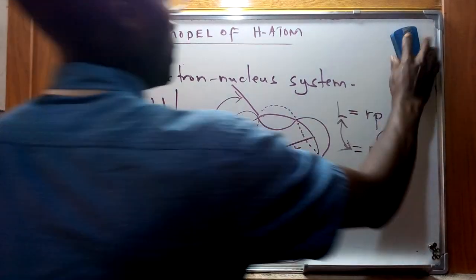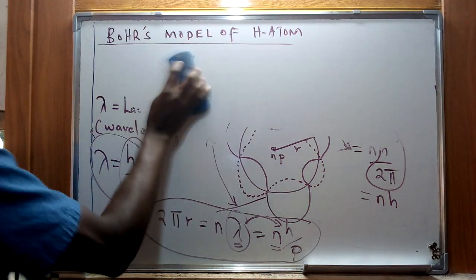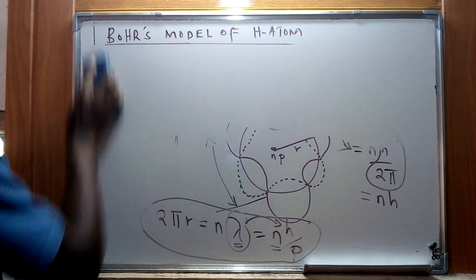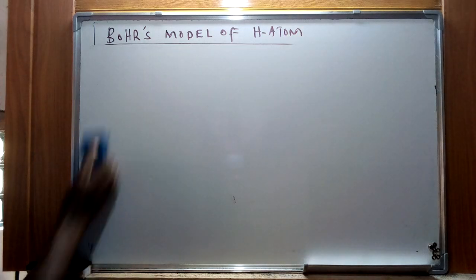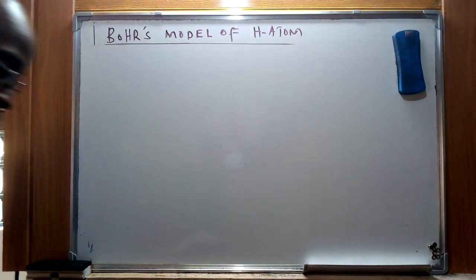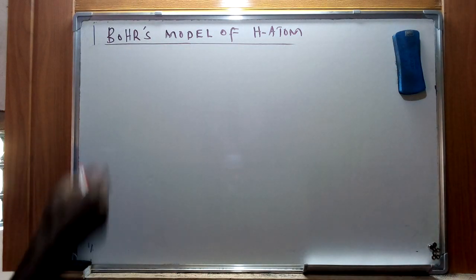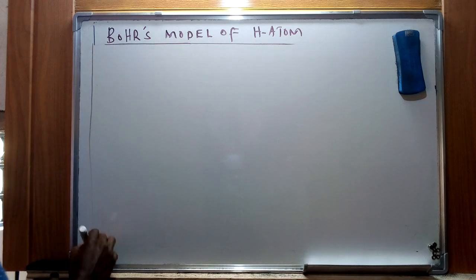So having mentioned that, we're going to look at Bohr's atomic model and the various spectral lines that we are going to encounter in trying to describe this hydrogen atom. Earlier on we had mentioned the emission spectrum of various atoms.